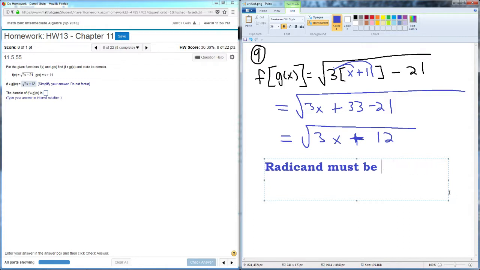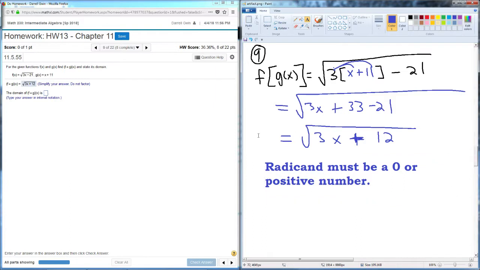The radicand is the part that is inside the radical. The radical is this square root symbol. So basically, the radicand must be 0 or a positive number.